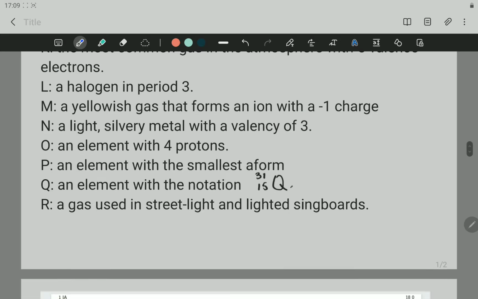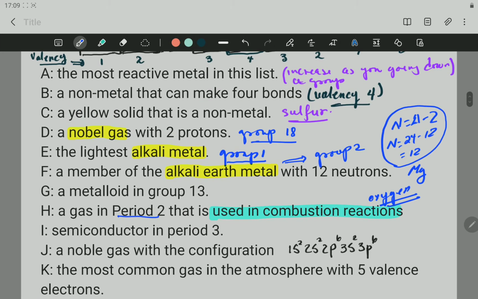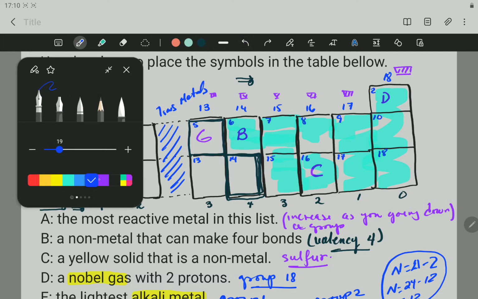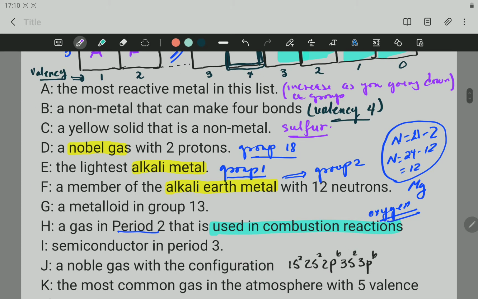Now, what group? Let's make sure we look here. It is in group 16, period 2, and that is H. Group 16, period 2 is here. This one here is going to be the oxygen one. Okay, so it's H.